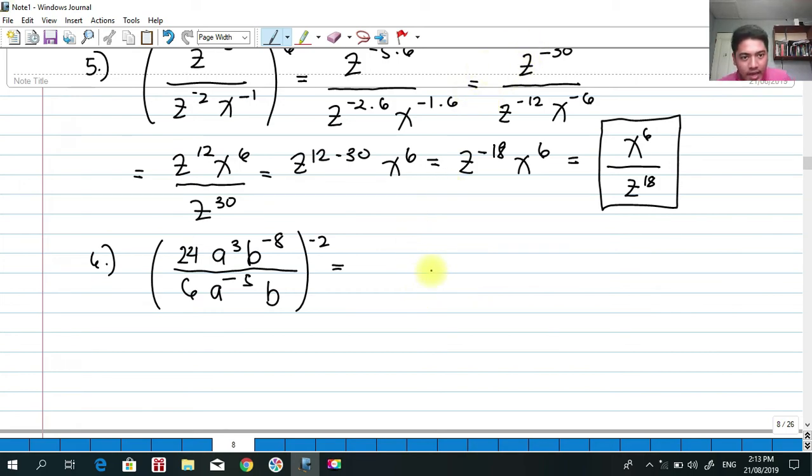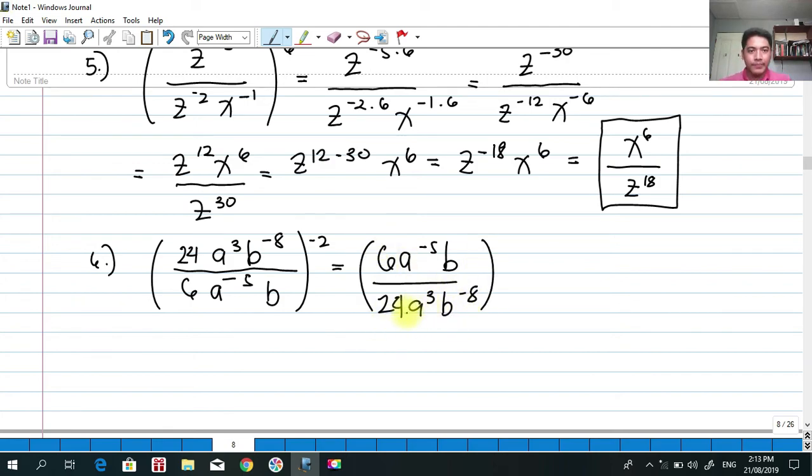What will happen is that we get 6a raised to negative 5b over 24a cubed b raised to negative 8. You notice that we didn't actually eliminate the exponent when we got the reciprocal, because we are concerned with eliminating the negative exponent here. So this should be squared.